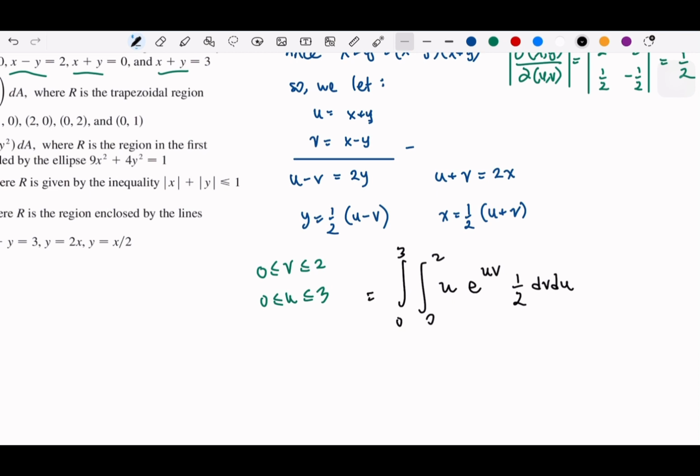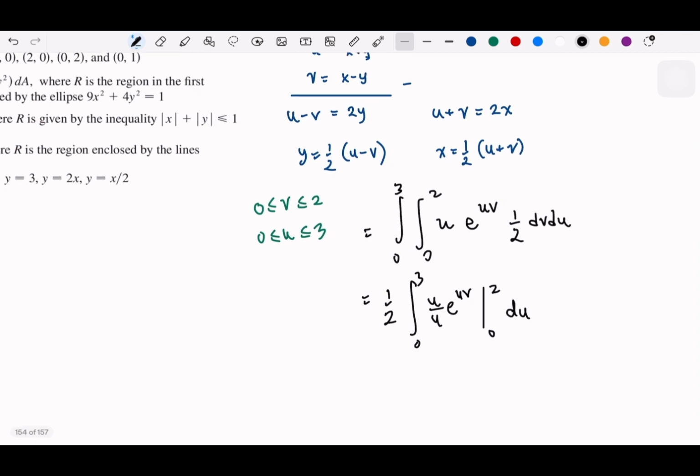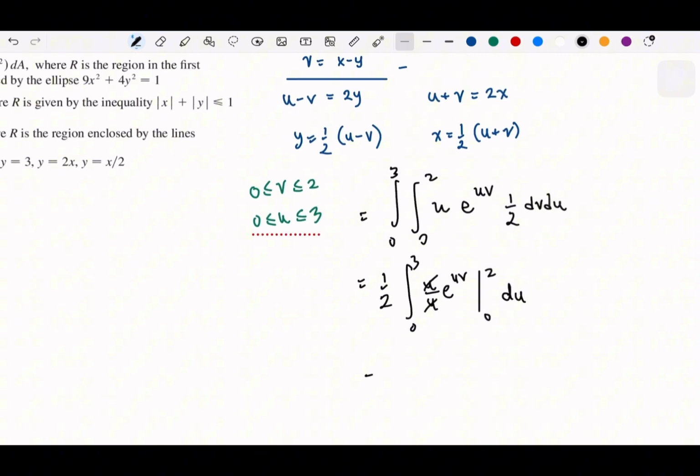Okay, so we can solve this. dv will be, so it will be u over u, e to the uv, right, for dv, and then plug in 0 to 2, and then du, right, and cancel, and then we take the du.